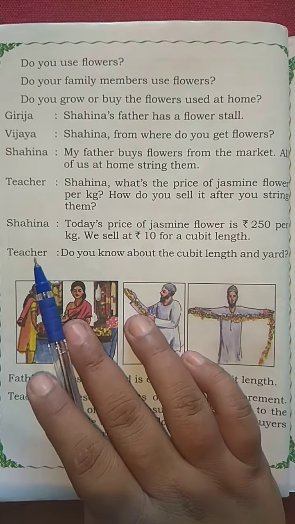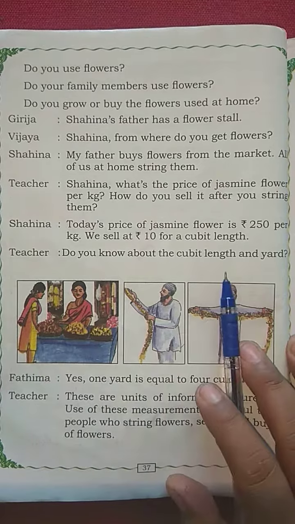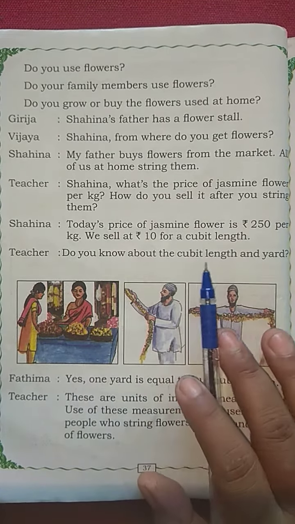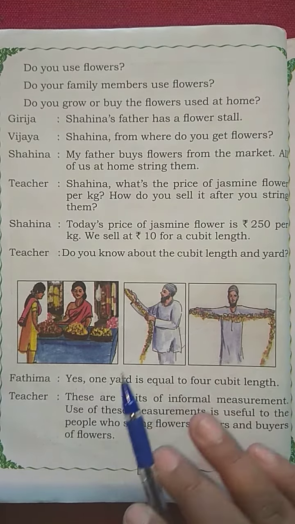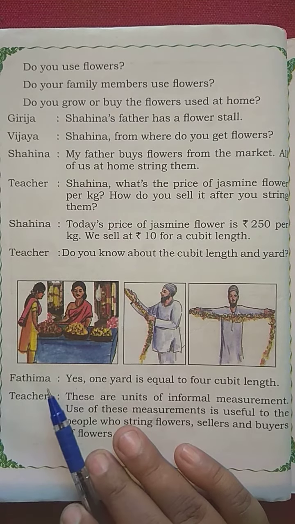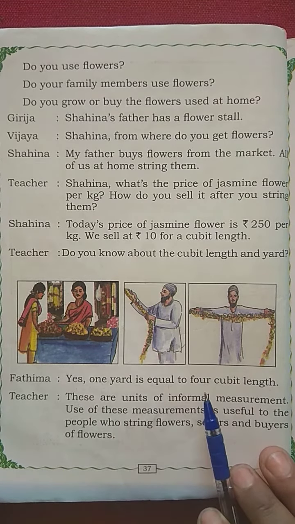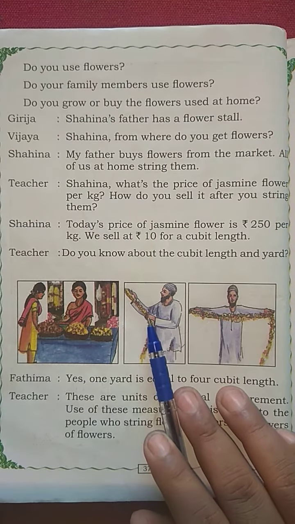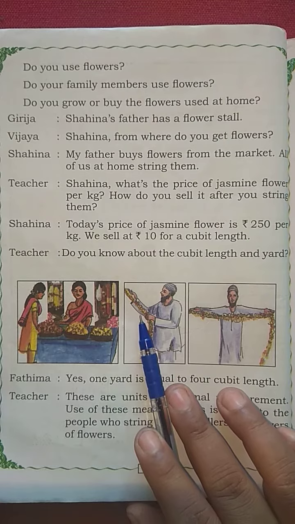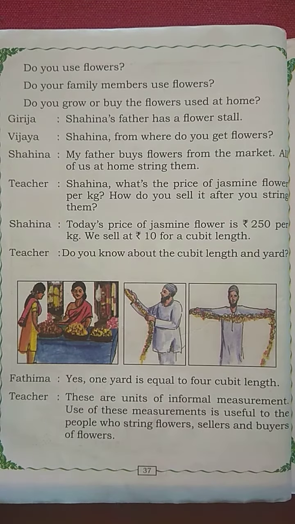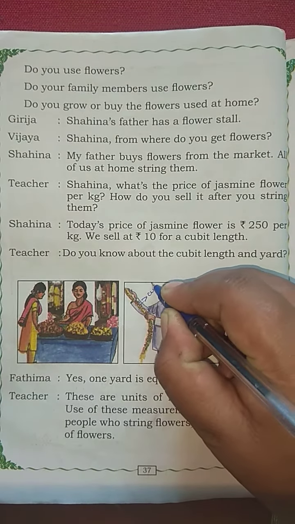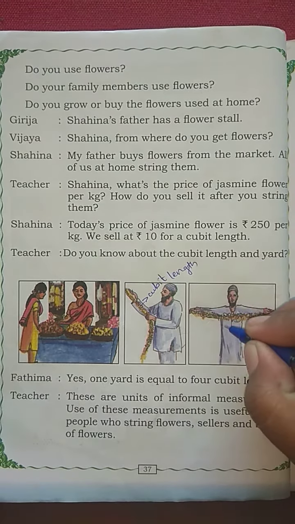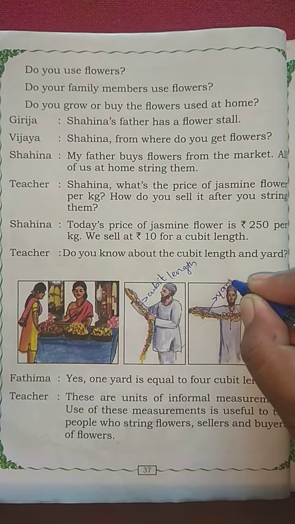Next, the teacher asks students, do you know about the cubit length and yard? Yes, see here, Fatima. One yard is equal to 4 cubit length. Here, this is a cubit length, and this is a yard.